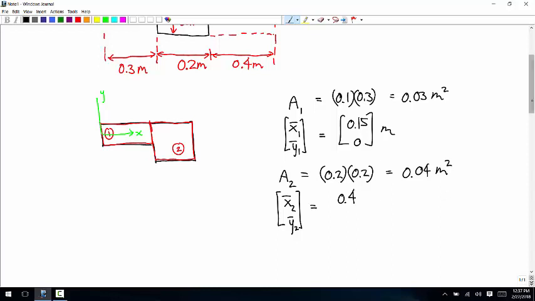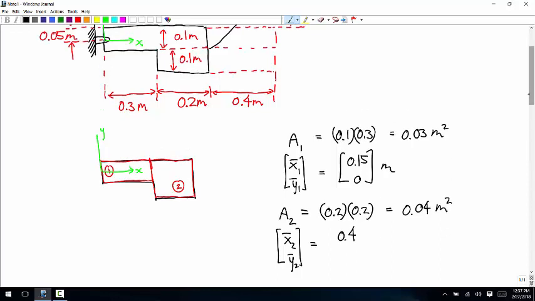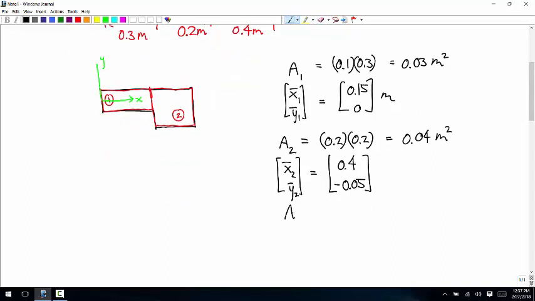And then for y, we know it's going to be 0.1 meters down from the top. Well, this is 0.05 meters down from the top, so it's another 0.05 meters down. So the y position is negative 0.05. And then the total area you get from just adding those two up. So that's 0.07 meters squared.